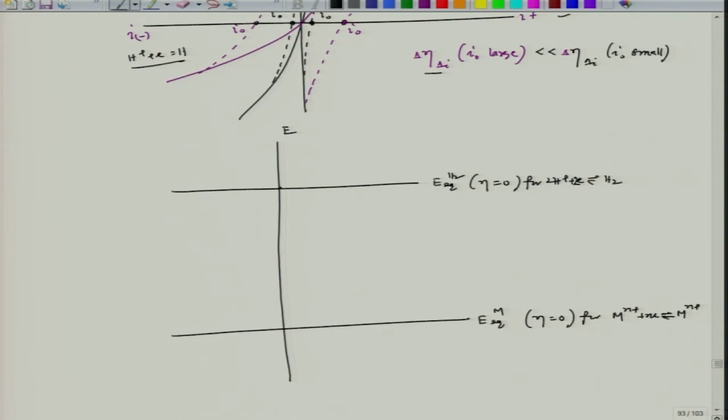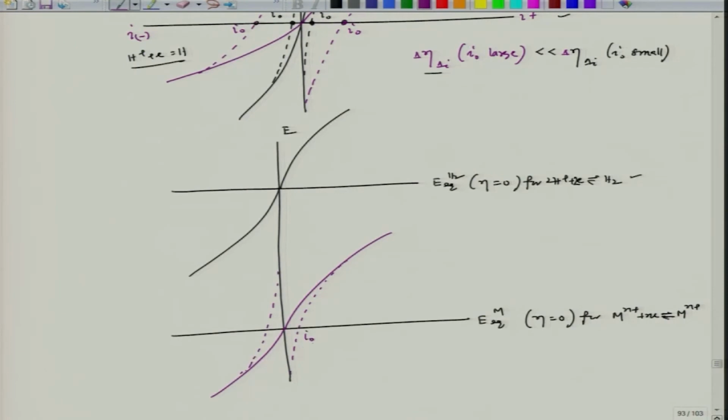So, now both of them have their own Butler-Volmer equation. If I try to see the plot for this reaction, this reaction will be plotted like this, let us say. So, this is the plot, and for the metal, let us say this becomes my plot. So, these are the two plots. An individual current density plot would be like this.